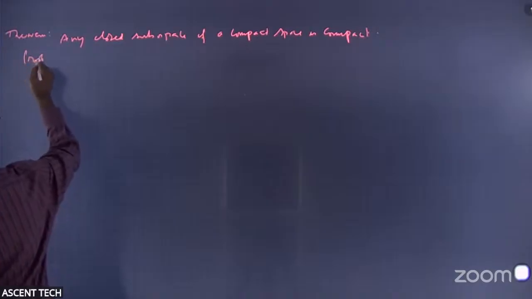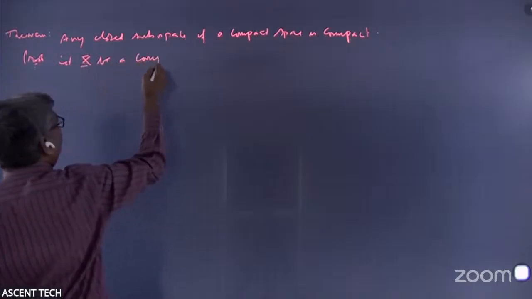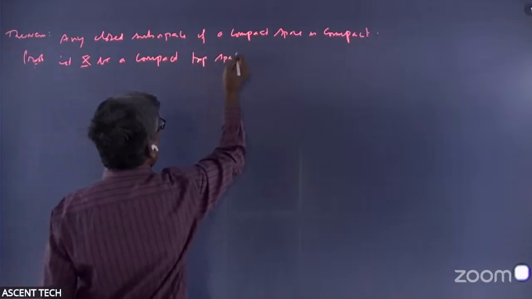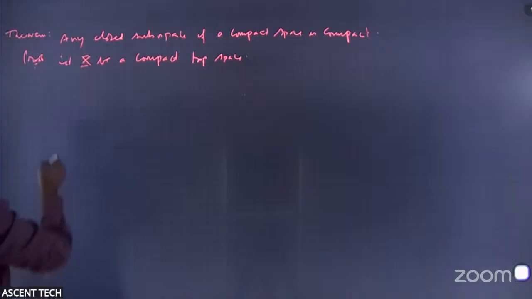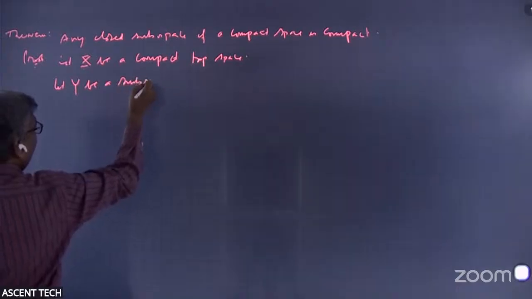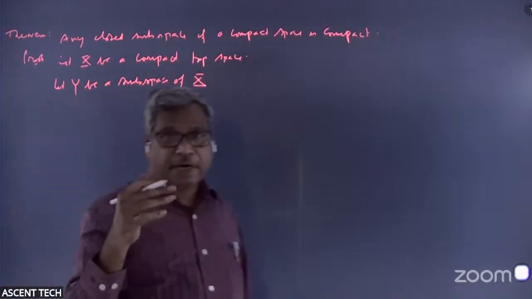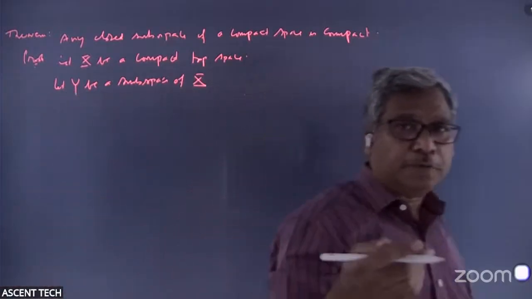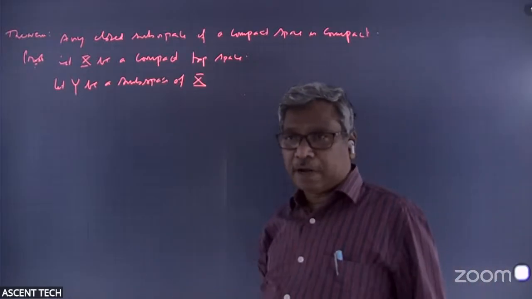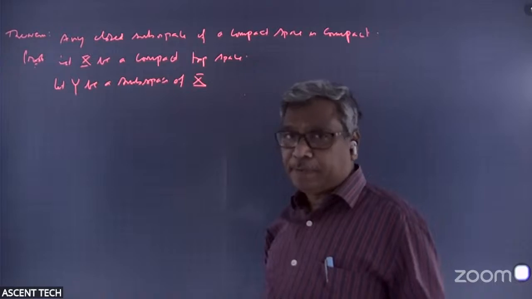Proof. Let X be a compact topological space, and Y be a subspace of X. Not every subspace will be compact, only closed subspaces will be. Not in the opposite direction: compact subsets need not be closed, but if some extra property is there in the topology, they will be closed.